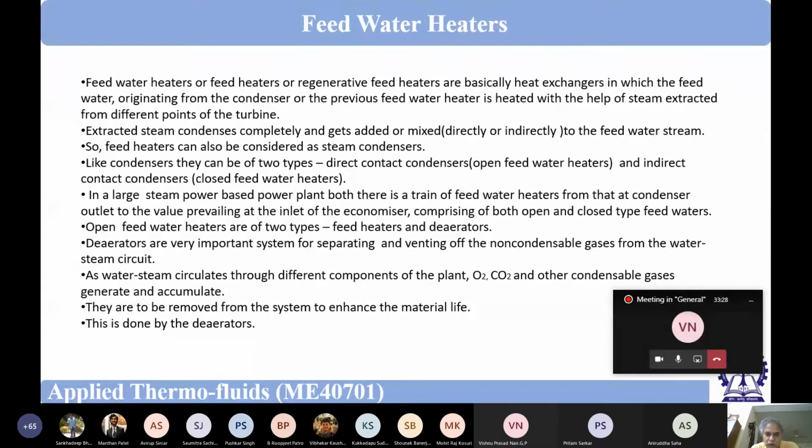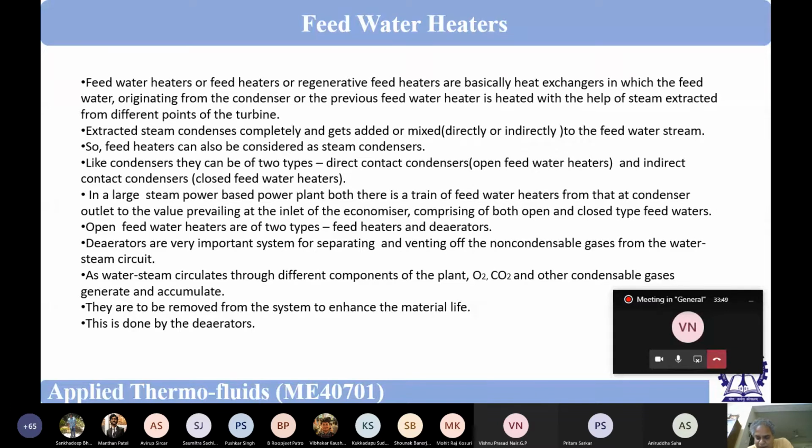In the condenser chapter, I do not know whether we will have time or not. So this is one thing we have to keep in mind, that surface condensers are mainly used in steam power plants.